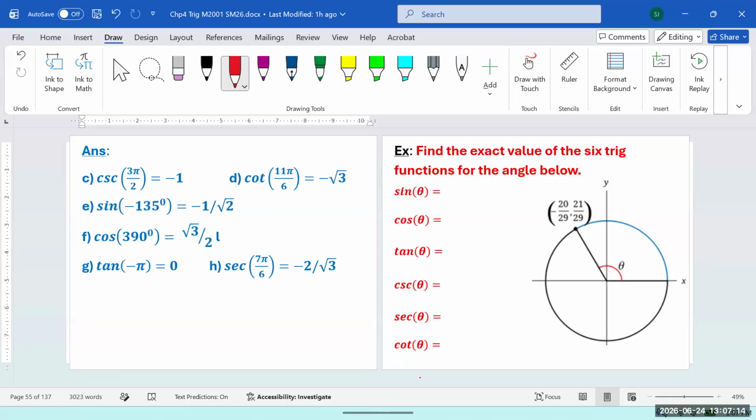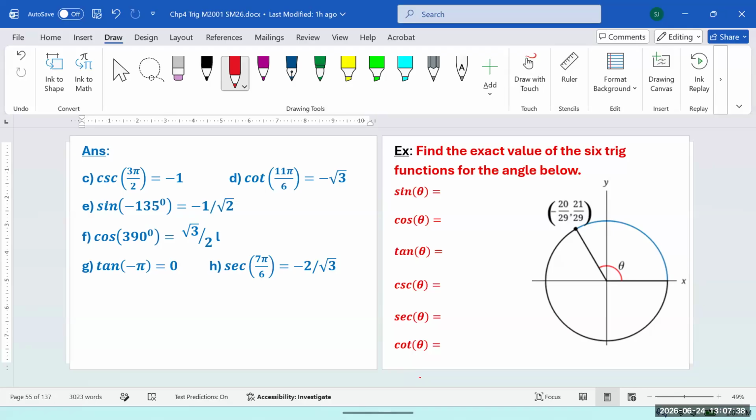Next, we're going to do the same thing, but this time we don't have 30, 60, 90 angles, those things. We have just normal, whatever is given to us. So let's say we are given the length for an angle that is not from 30, 60, 90, or 45. Well, it doesn't matter.